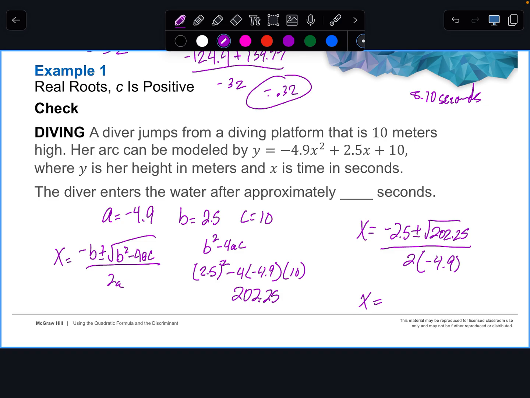So if I take the square root of that, just approximating, I get 14.22. Okay, so negative 2.5 plus or minus 14.22 divided by negative 9.8.